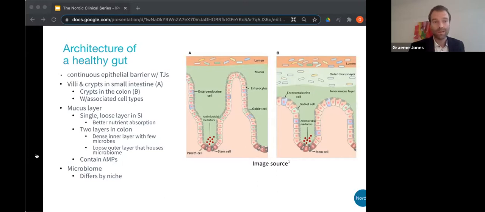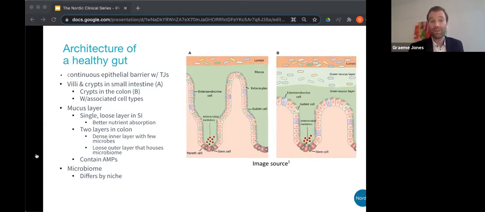Really, that dense inner layer has few microbes. That thick mucus is there to make it much harder for the various bacteria living there to get close to or get into the crypt. These areas also contain things like antimicrobial peptides, which help to protect.